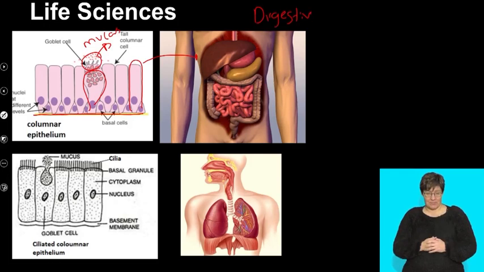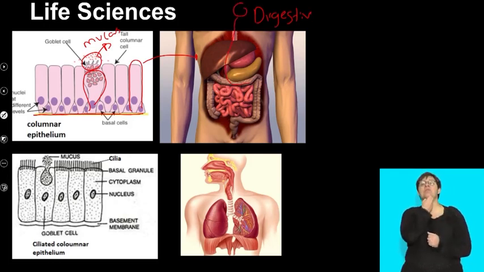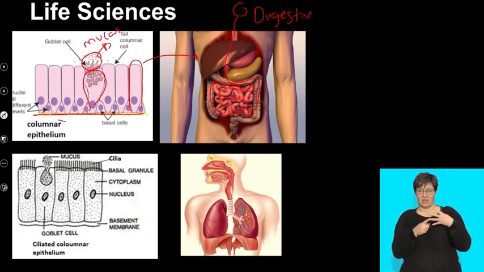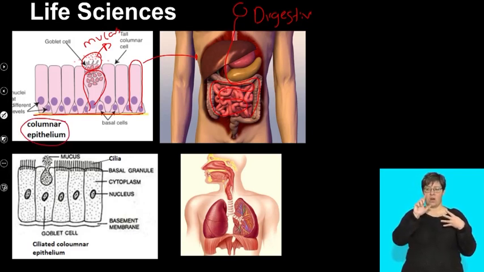And once I start swallowing food, the food needs to go throughout this whole system. And what is going to make it so nice and easy to move through is the fact that all these mucus cells are going to make transport so much easier. Okay, so that is my columnar epithelium. Why? Because they are column-shaped, longer than they are wide.